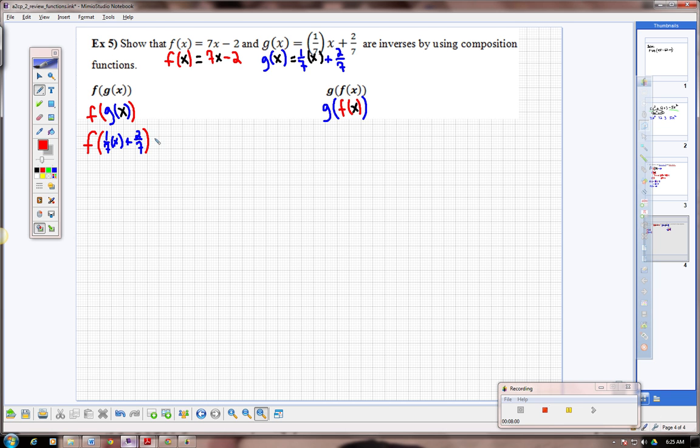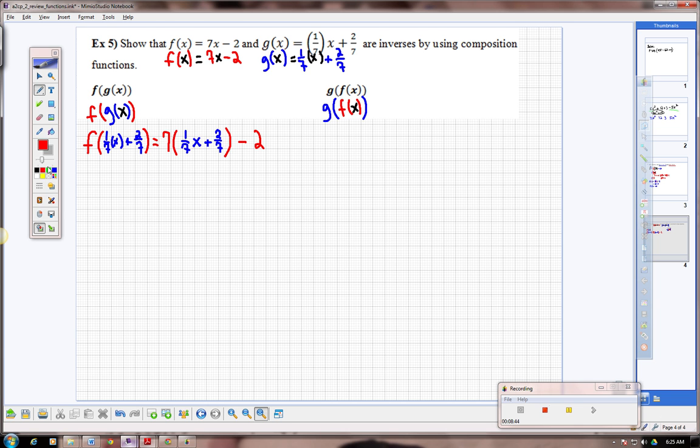So I'm going to take 7 and multiply that by 1/7 of x plus 2/7. It is a little bit tougher for me to write. Thank you for your patience. Thank you for not falling asleep. And I also need to subtract 2 from that. And you can see all I did was replace the x with 1/7 x plus 2/7.